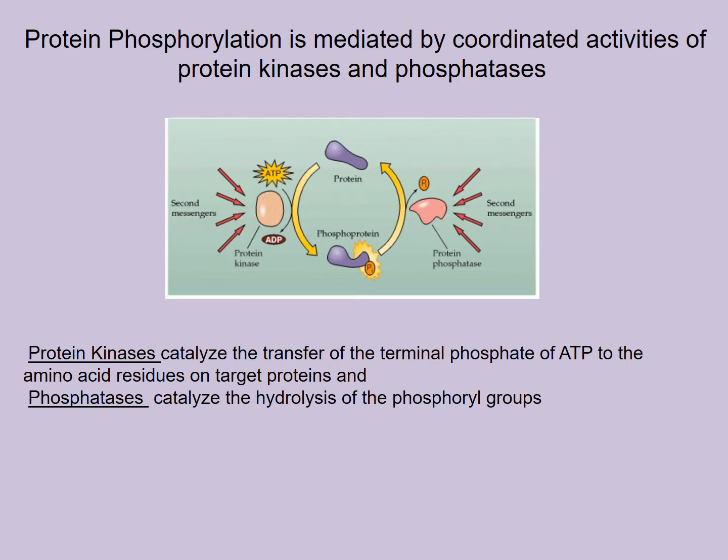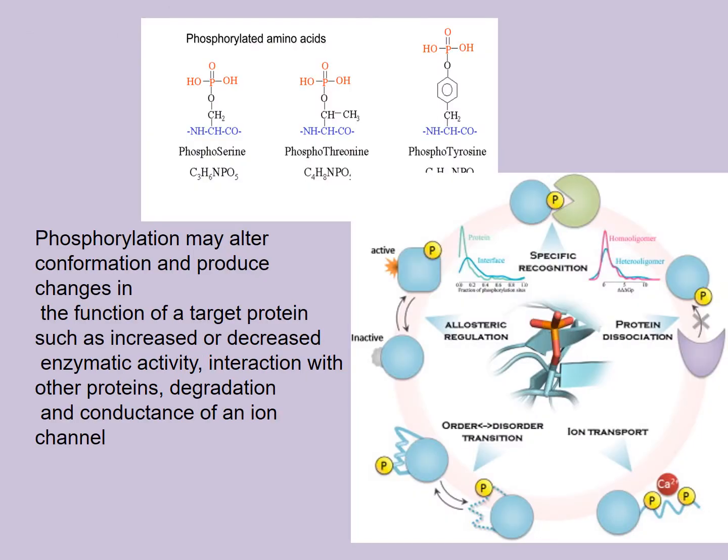So it's coordinated activities; how effective the protein kinase and protein phosphatase are will determine in the end how much protein phosphorylation you are going to have in cells. Most commonly, the amino acids that are phosphorylated are serine, threonine, and tyrosine, and there are different kinases that phosphorylate serine and threonine and the ones that phosphorylate tyrosine.